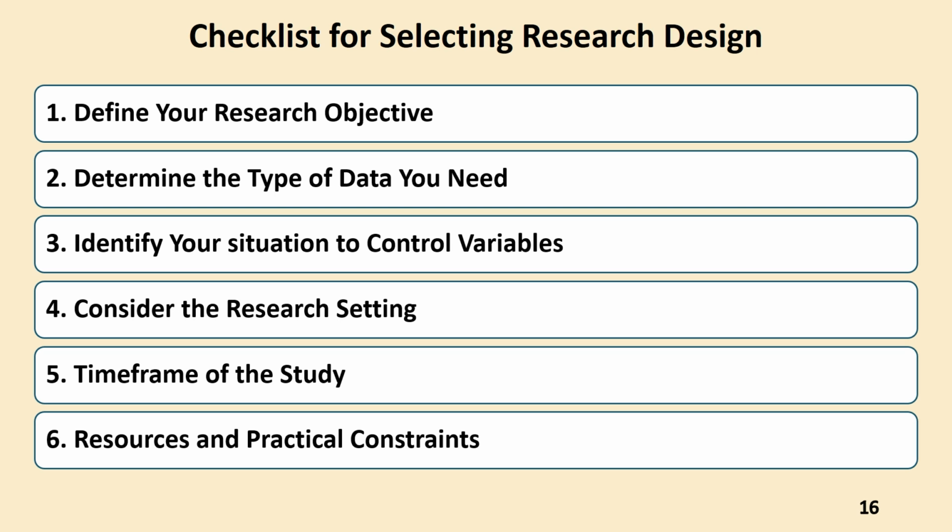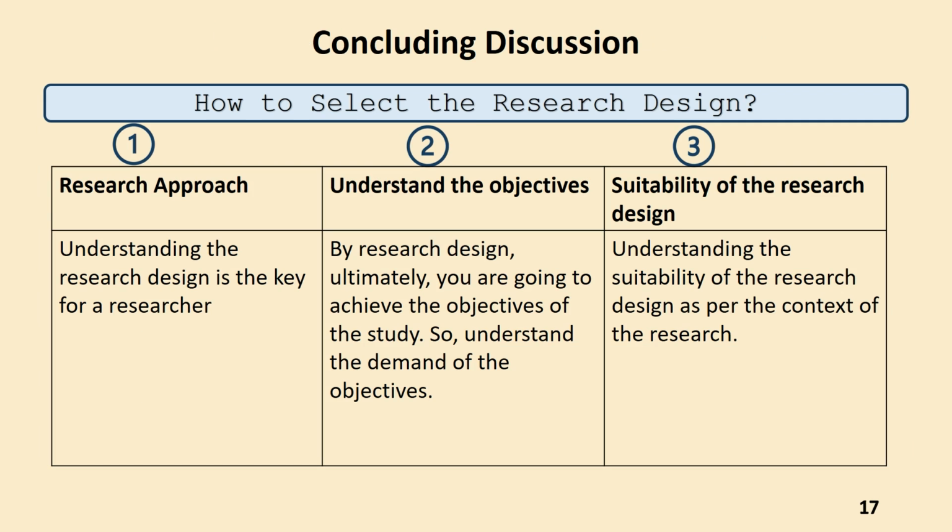So these are the important 6 checklist points. Whenever you are forming or selecting your research design, please take care of these points. Concluding discussion: how to select the research design. Understanding the research design is key for a researcher. By research design, ultimately you are going to achieve the objectives of the study.